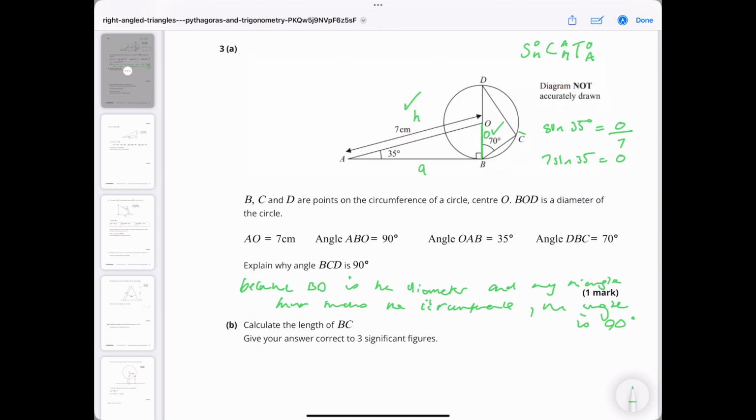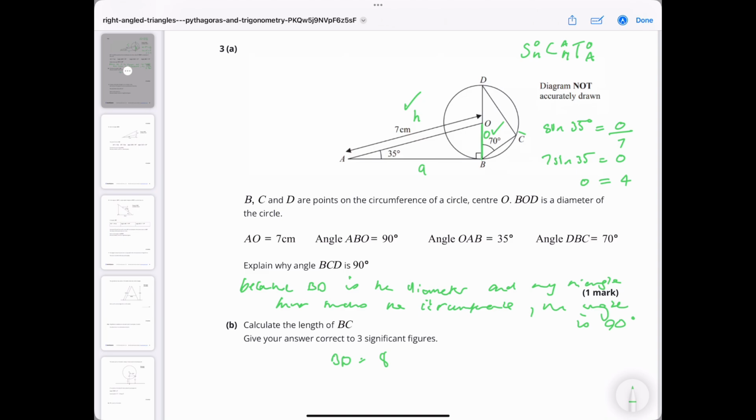So 7 sine 35 equals 4.0. I'm just going to say 4. So opposite equals 4, and therefore BD equals 8.